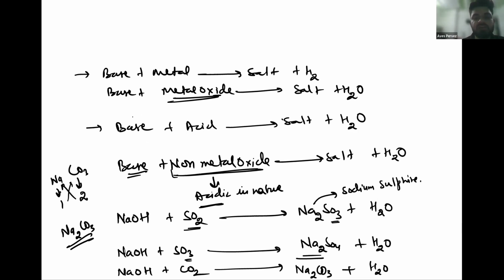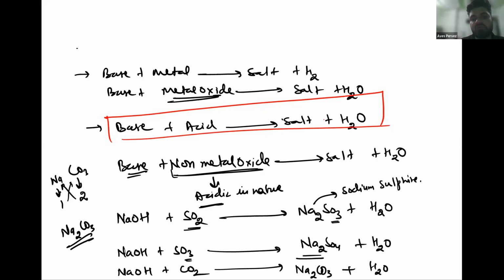Now the next property of bases: when they react with metal oxide. You are very much familiar with acid reacting with base, or base reacting with acid. We have done these two. Acid when it reacts with base, or base when it reacts with acid, forms salt and water.